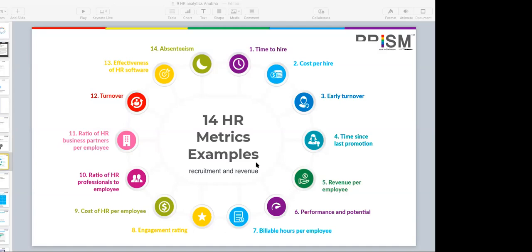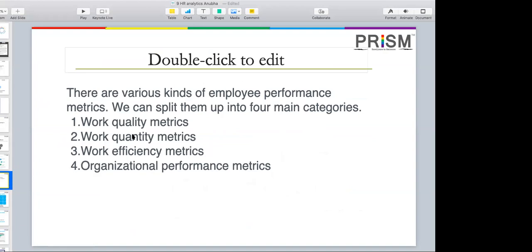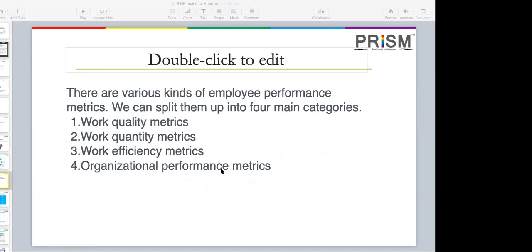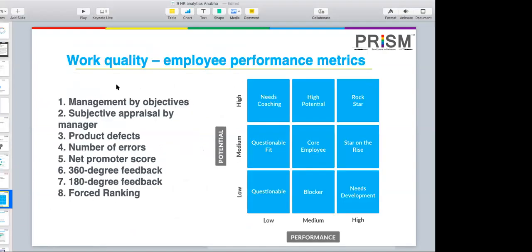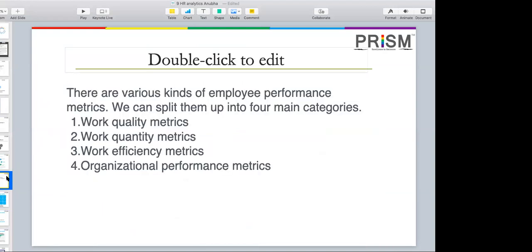Correct. So let's try to understand this further, as I discussed all the 14 of them. But let me give you an insight into these four elements, one by one. I have split it in a very simple manner: the employee performance metrics, which are key to tracking how well employees are performing.